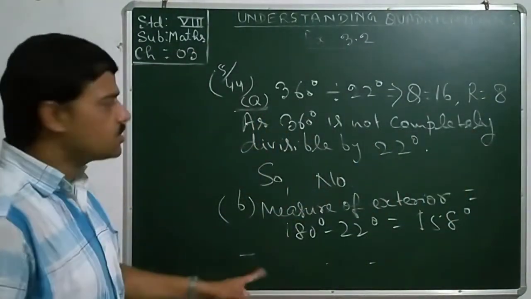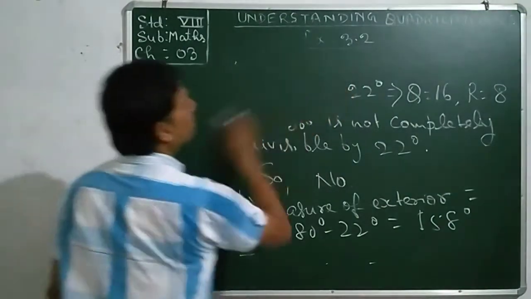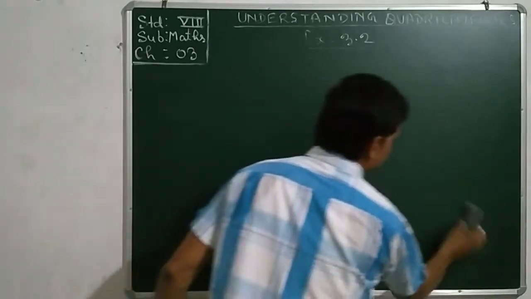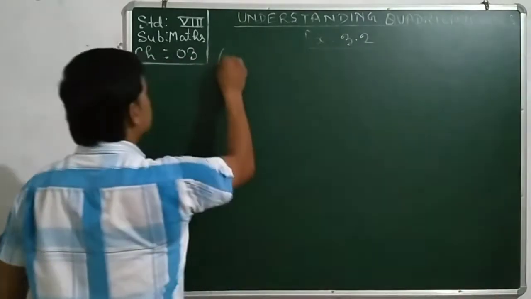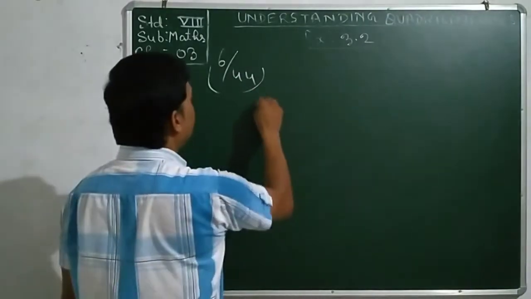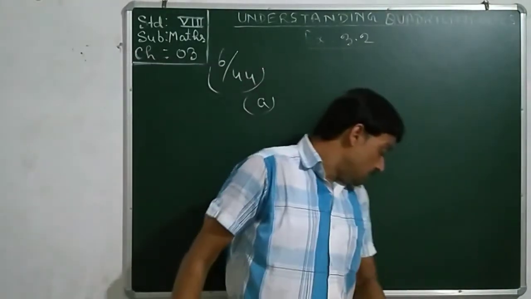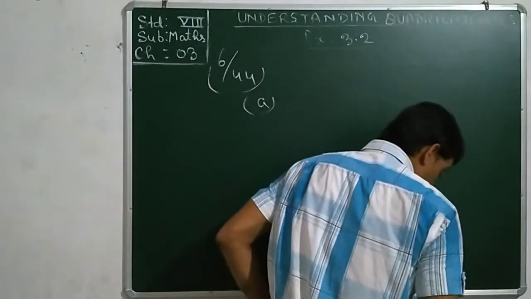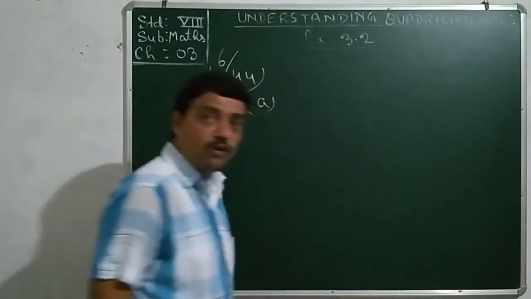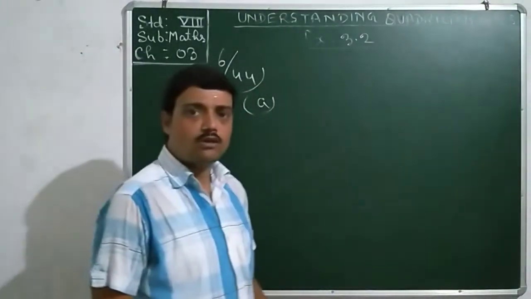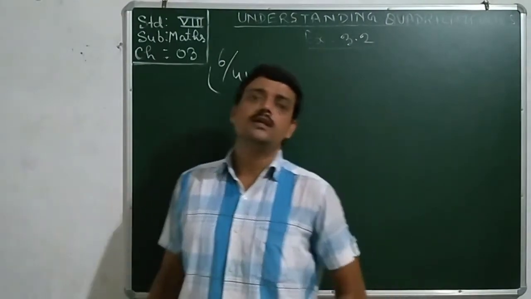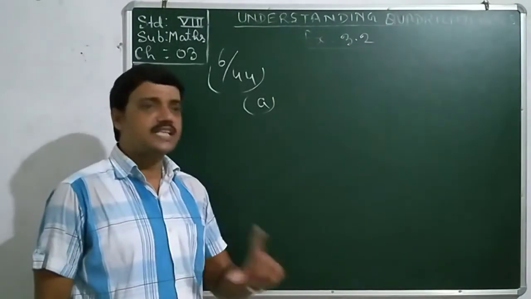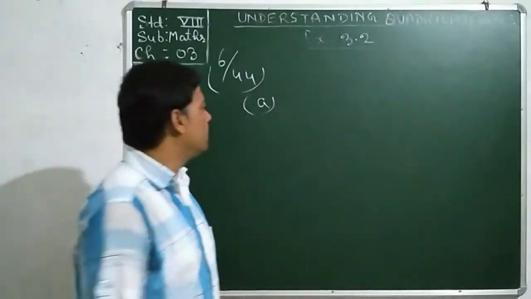Now come to the last sum, that is 6 number. In the 6 number sum, the first part is, what is the minimum interior angle possible for a regular polygon? As we had discussed during my first class, when I was explaining the polygons, we concluded that a minimum of 3 sides must be there to complete a polygon.